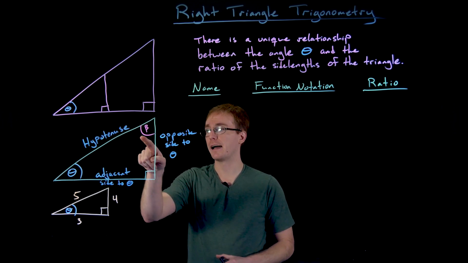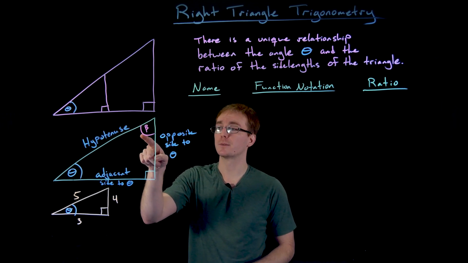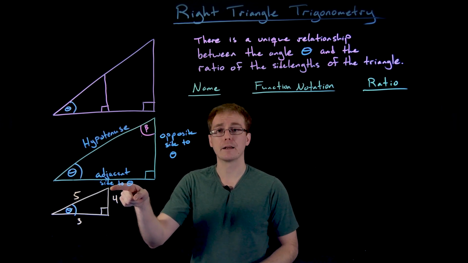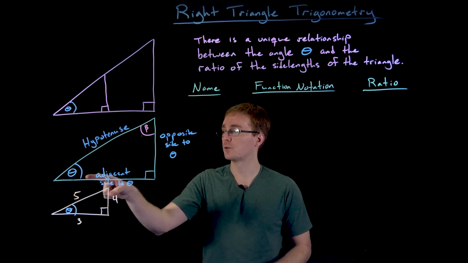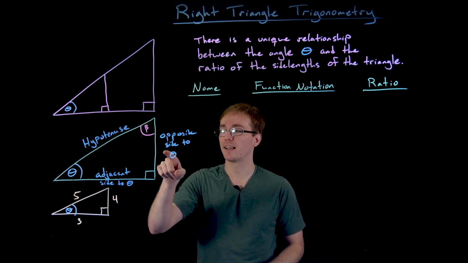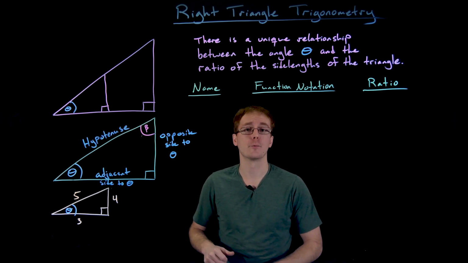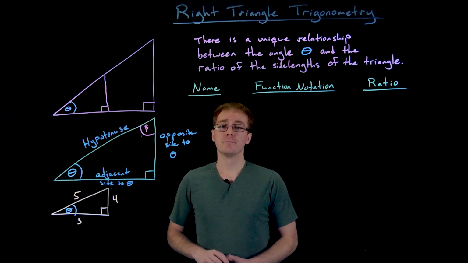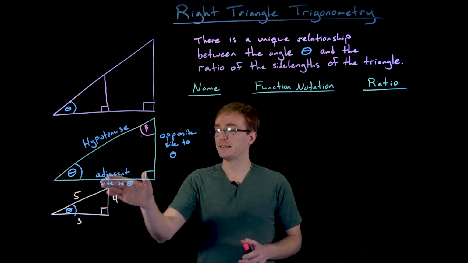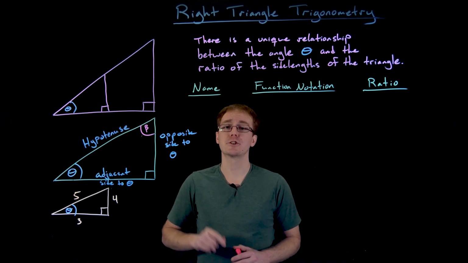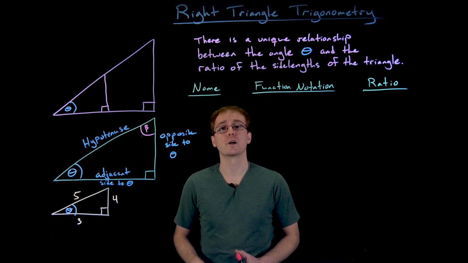But now the side that was adjacent to our angle theta becomes the side opposite to our angle beta. And similarly, the side that was opposite to our angle theta turns into the side that is adjacent to our angle beta, or that other non-right angle in our triangle. The point of that is to be a little bit careful when you're labeling the opposite side and the adjacent side in your right triangle. Make sure you're labeling those with respect to the appropriate angle, the angle you are working with.